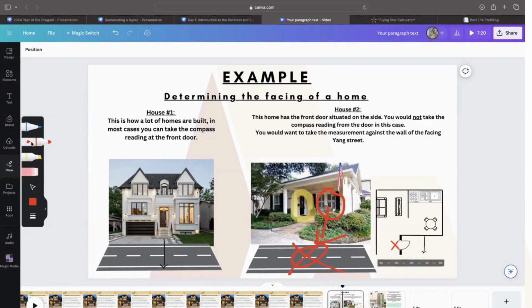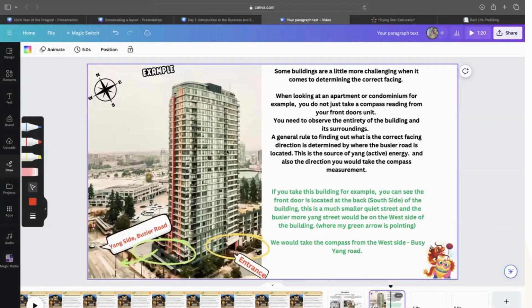You'll also find a similar situation if we flip over to the next page here and look at this apartment building. You'll see here on the south side, you have the entrance. However, the west side of the building has a busy 4-lane road that has traffic coming and going at all times of the day and night.